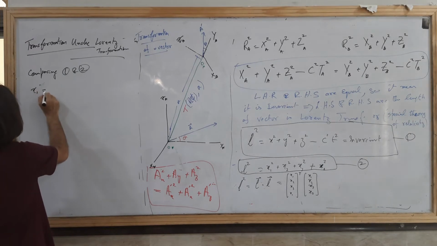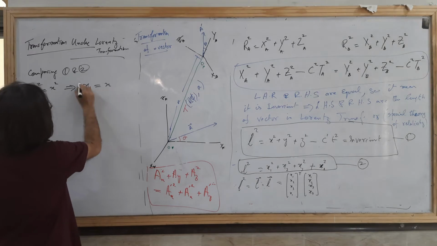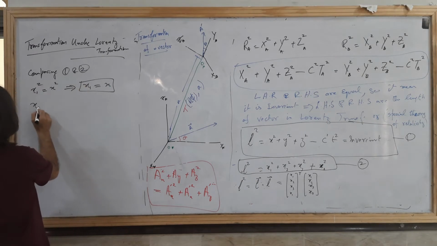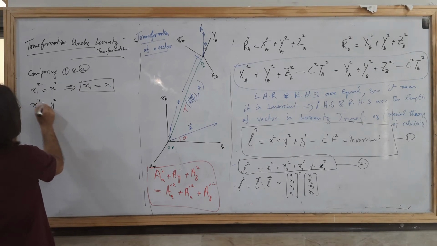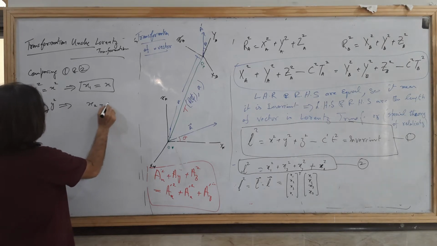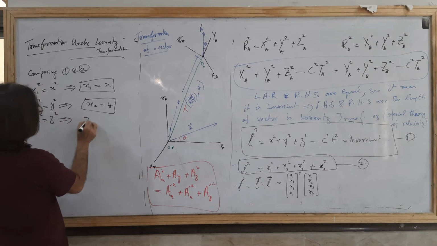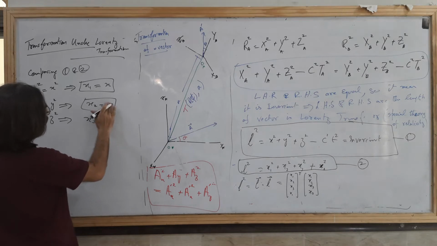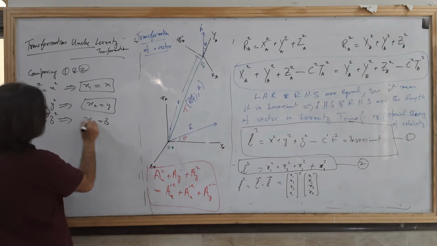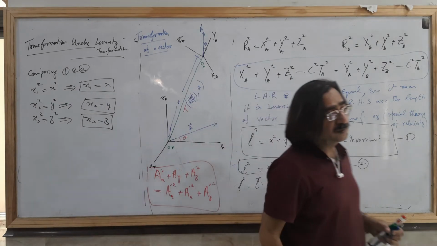x1 square equal to x square implies that x1 is x. x2 square equal to y square implies that x2 is y. x3 square equal to z square implies that x3 is z.